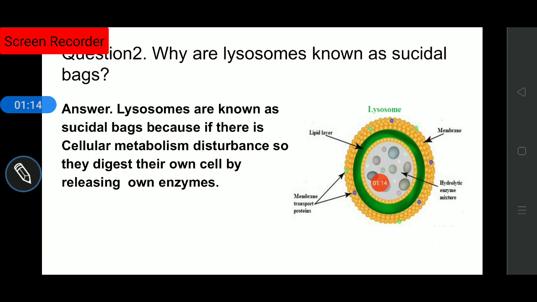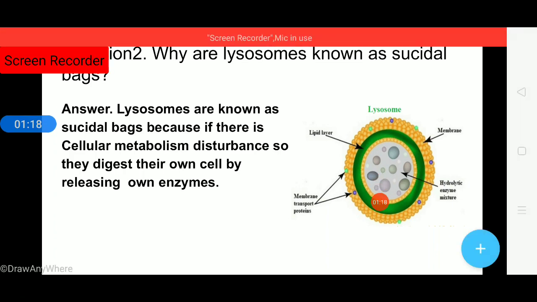So question number 2. Why are lysosomes known as suicidal bags? So first we have to know what is lysosome. So lysosomes are the organelles present mostly in the animal cell as a garbage disposal, and it is also known as suicidal bag.